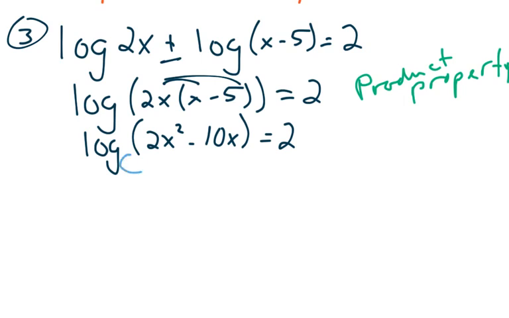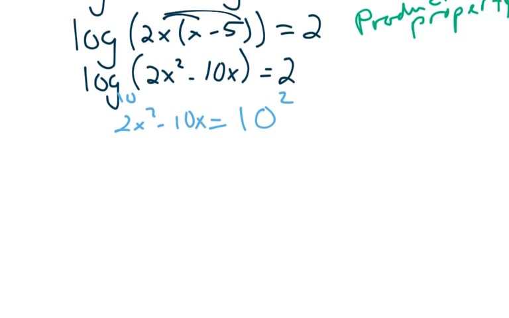When you don't have a base right here, that means it is base 10. So I'm actually going to write it the other way around. 10 to the second power, because this is base 10, is equal to 2x squared minus 10x. 10 squared is 100, so we'll have 2x squared minus 10x is equal to 100.